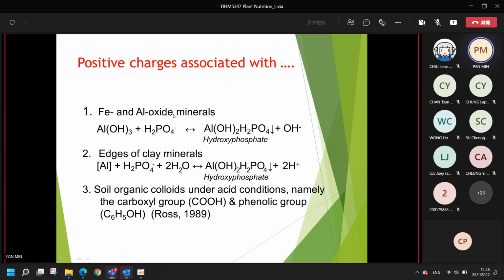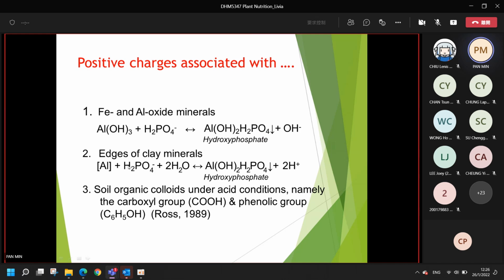That's why we said we need to keep the availability of phosphorus. Otherwise, we will form a non-soluble solid phase compound with the aluminum oxide minerals and make it unavailable.